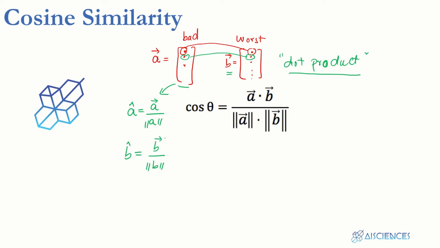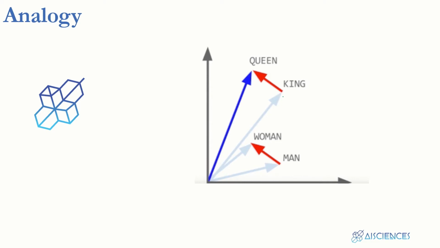Now you take the dot product of these unit vectors, and that dot product really is the cosine similarity. This measure also represents the cosine of the angle between vectors A and B. And the smaller the angle is, the larger the cosine value is. So that's the cosine similarity, a very famous similarity measure. Although this is not the only one, it's the most famous similarity measure used to measure similarity between two words. Now, analogy is a very, very interesting kind of concept.